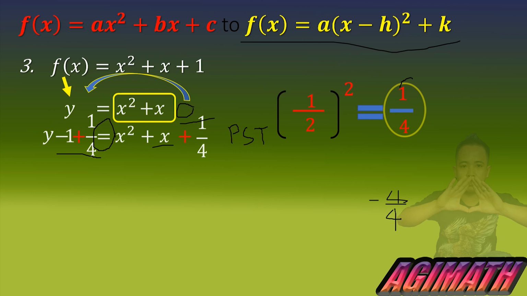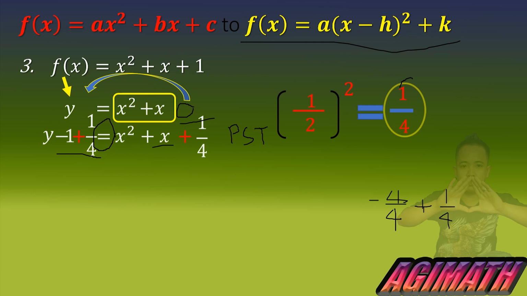Why am I doing 4/4? Because I saw that the next fraction is 1/4. So I need to make -1 into a similar fraction with 1/4. And since this is just -1, I know that 4 divided by 4 is equal to 1. That's why I can change -1 into -4/4 plus 1/4.